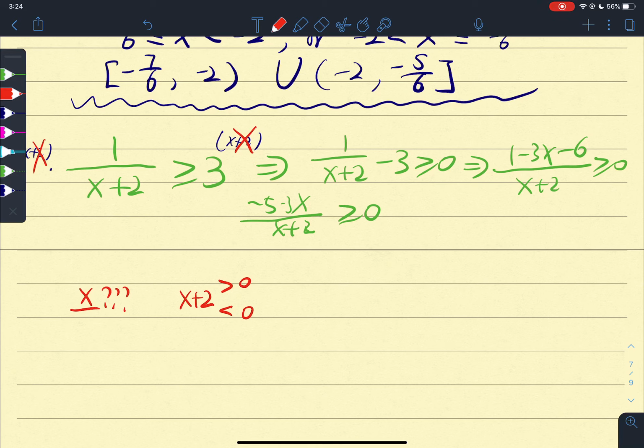By multiplying x plus 2 to both sides of my inequality, I have no idea whether I should keep it as greater than or equal to, or flip the sign to the other direction. Therefore, I am not supposed to multiply anything whose sign is not clear to both sides of my inequality, because I might have to change the direction of my inequality.